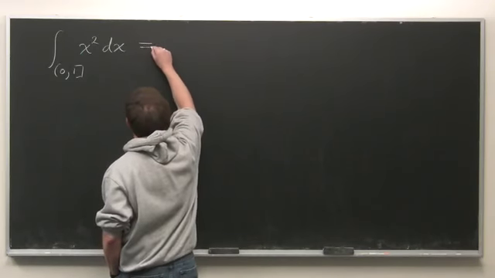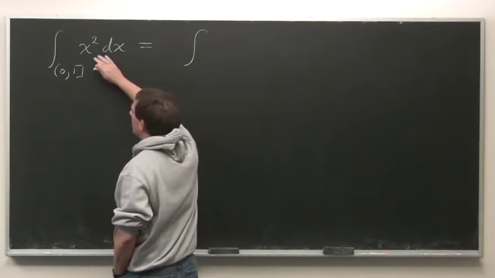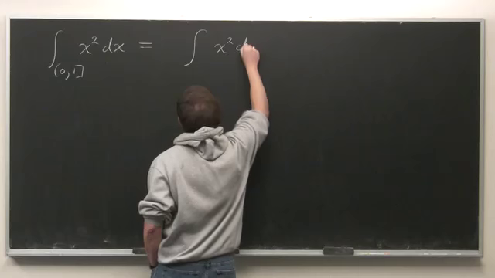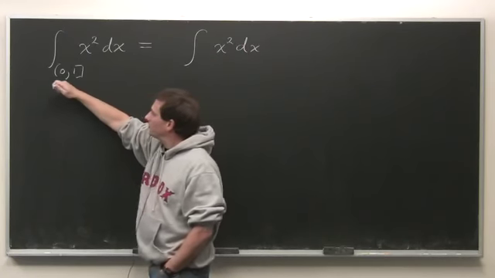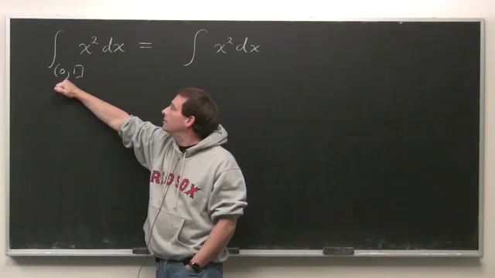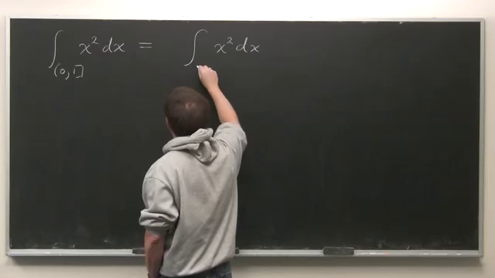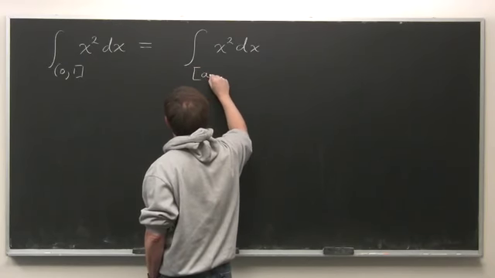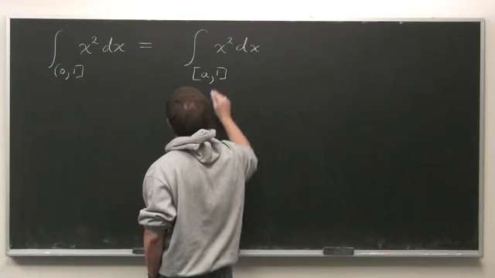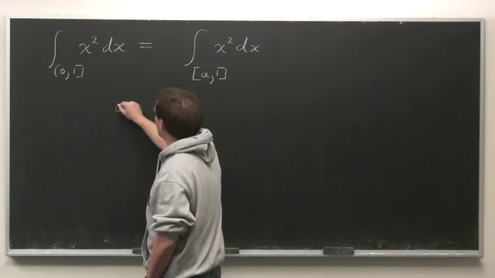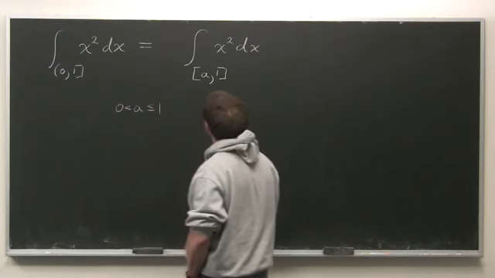So we could look at the integral of x squared dx, but instead of the integral over a half-open interval, which we don't even know what it means, we could say, take the integral over a closed interval from a to 1, where a is any number greater than 0 and less than or equal to 1.